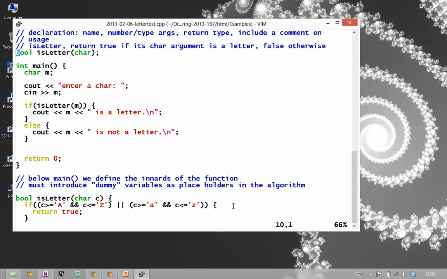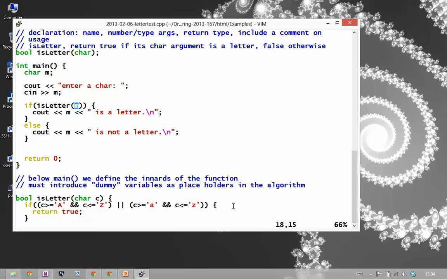It's really just a way of telling the compiler that if you encounter this name isLetter while you're compiling the main program, do me a favor and check to see whether it has the right number and type of arguments and whether it's in a proper context. Like, is it in a place where a bool would make sense?